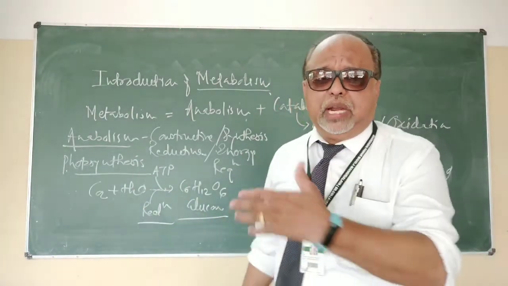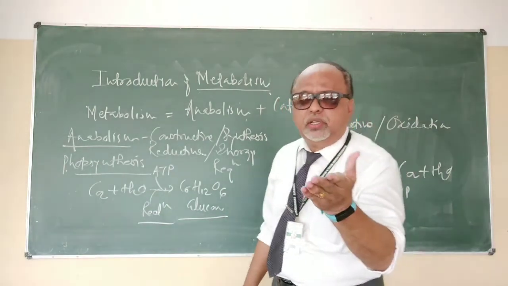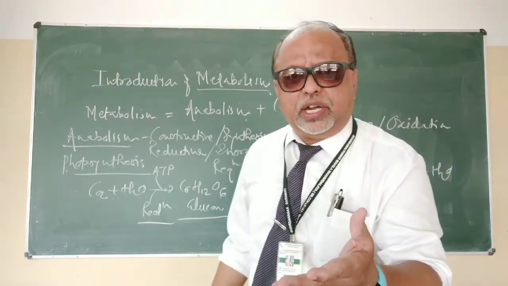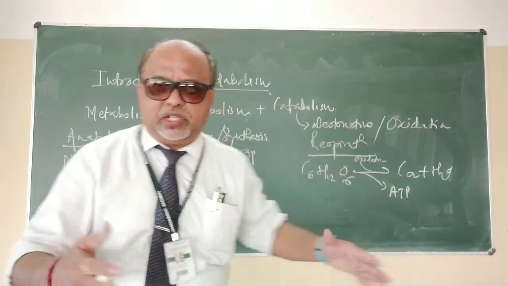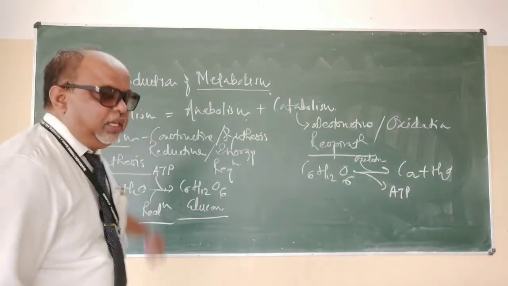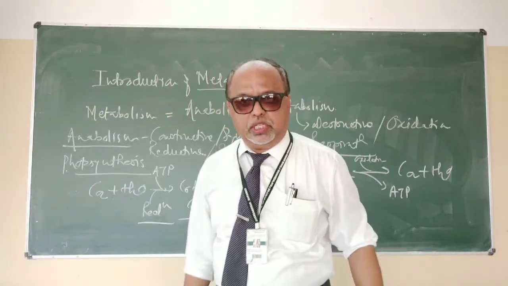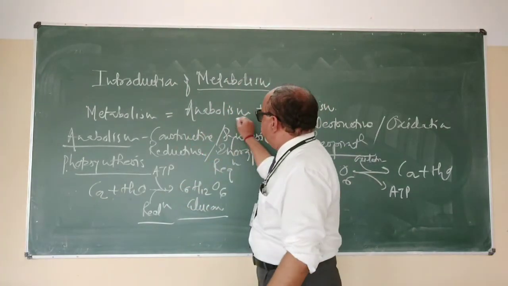Whatever anabolic reactions are carried out inside the cell require the input of energy. That energy is generated in the catabolic reaction, and it is used in the anabolic or synthesis process. I hope this is clear regarding anabolism.